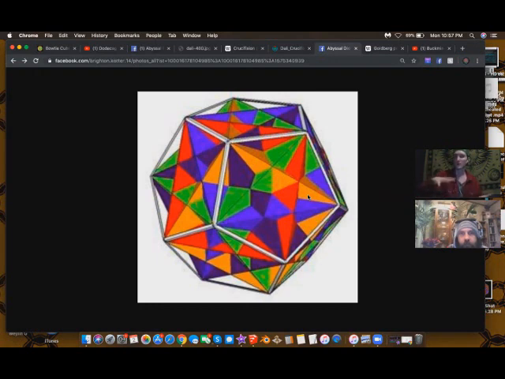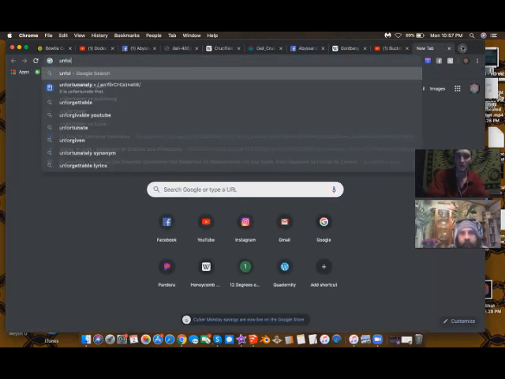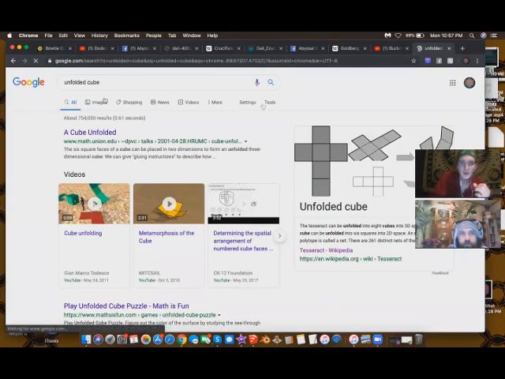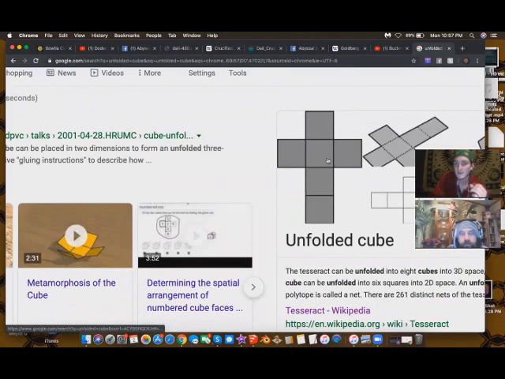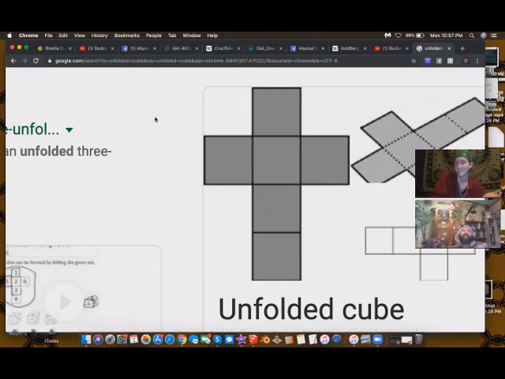If you look at one of those cubes, like the green one, which you can see quite clearly, and you unfold it, you unfold a cube, right here, that's the cross, the 12-sided polygon. 1, 2, 3, 4, 5, 6, 7, 8, 9, 10, 11, and 12. Oh my gosh. Yeah.